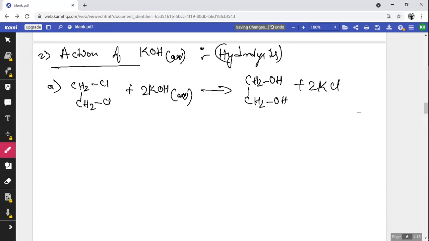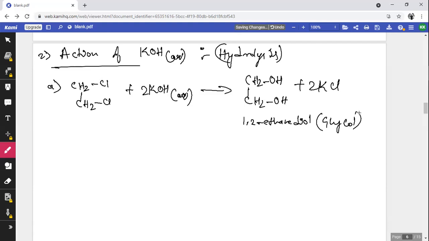So on treating vicinal dihalide, generally it is going to form alcohols. The name of this compound is 1,2 ethane diol. In general, we can call it glycol.